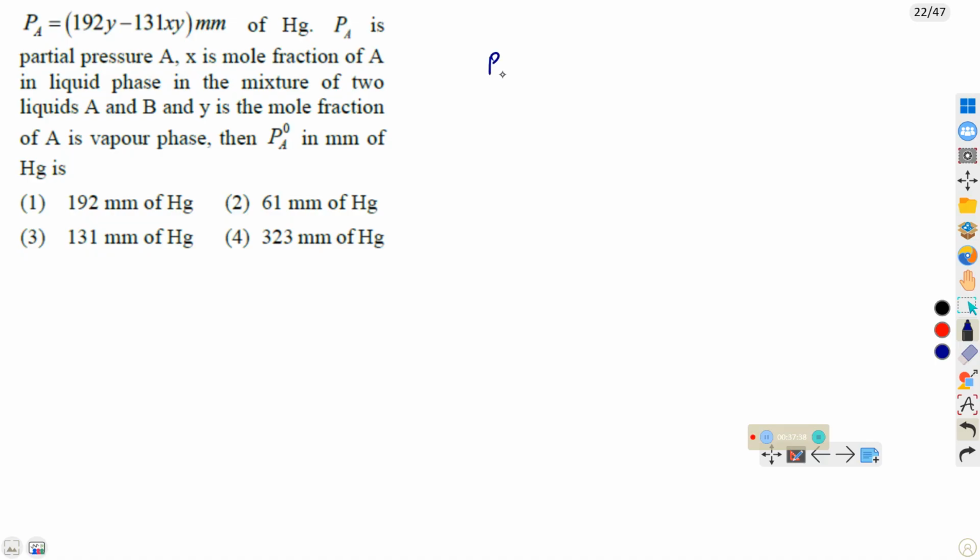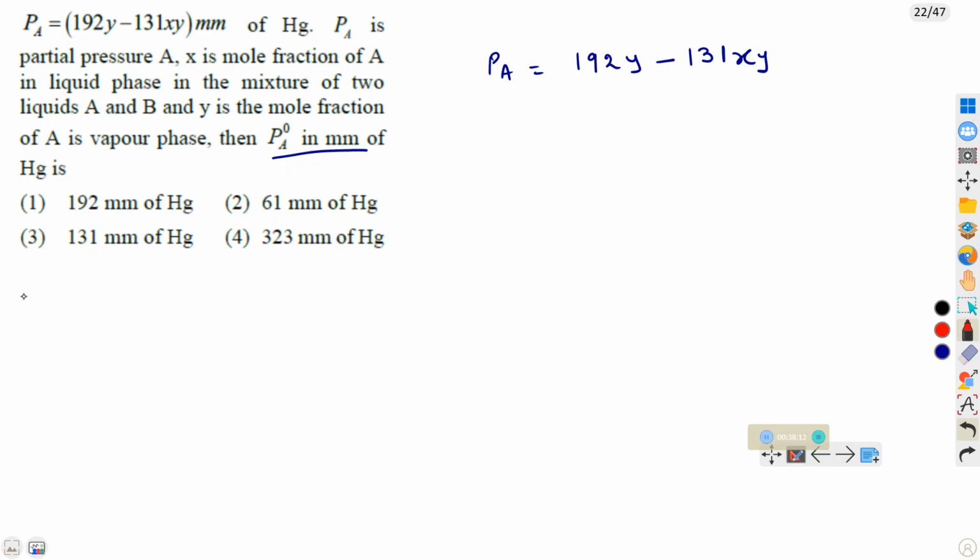PA is equal to 192y minus 131xy mm of Hg. PA is partial pressure of A, x is mole fraction of A in liquid phase in the mixture of two liquids A and B, and y is the mole fraction of A in vapor phase. Then P naught A in mm of Hg.